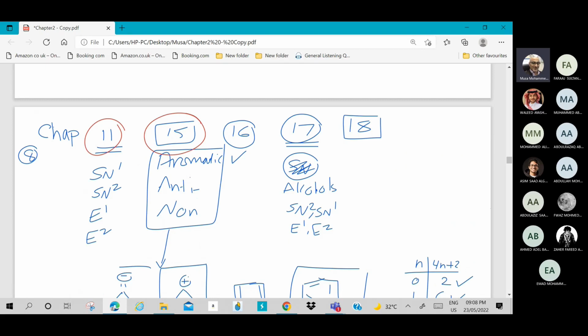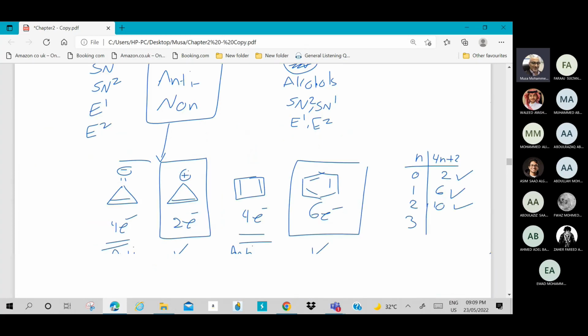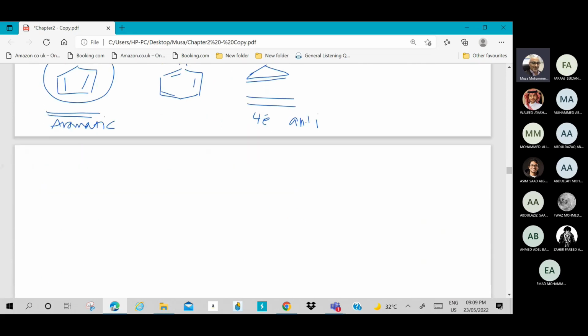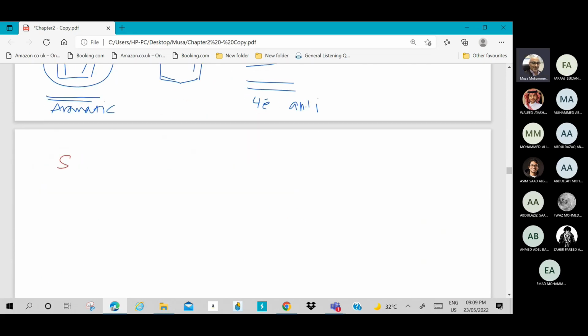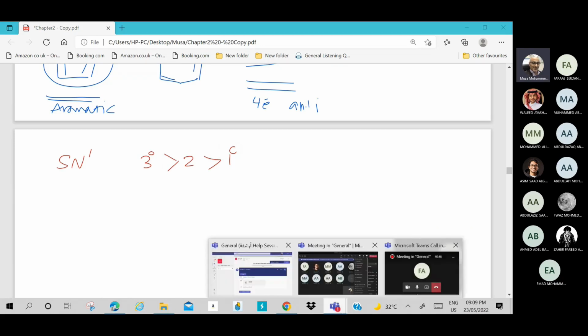Chapter 11 is related to SN1, SN2, E1, E2. This is a lengthy chapter, but the material is easy to understand, but still you need to have a 1-page summary where you can really classify, is this reaction SN1 or SN2? Quick overview here: the SN1 reaction goes faster with tertiary than secondary than primary. Okay?